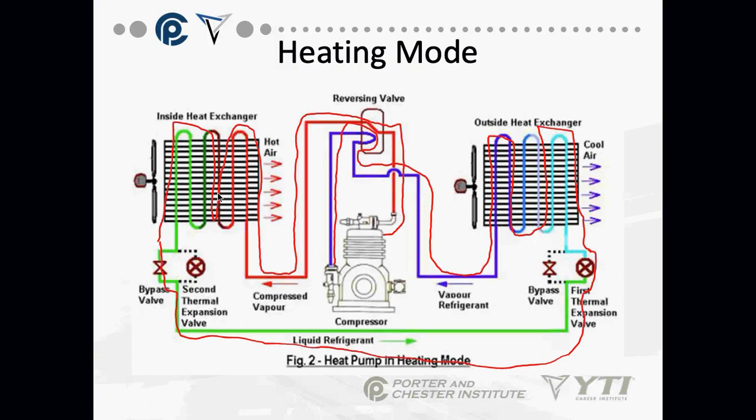It discharges heat. It's high pressure, high temperature. Outside coil is my evaporator. It's absorbing heat. When you feel the outside air coming off a heat pump, it is always cooler than the air around the heat pump. It's cold. We've absorbed the heat out of it.